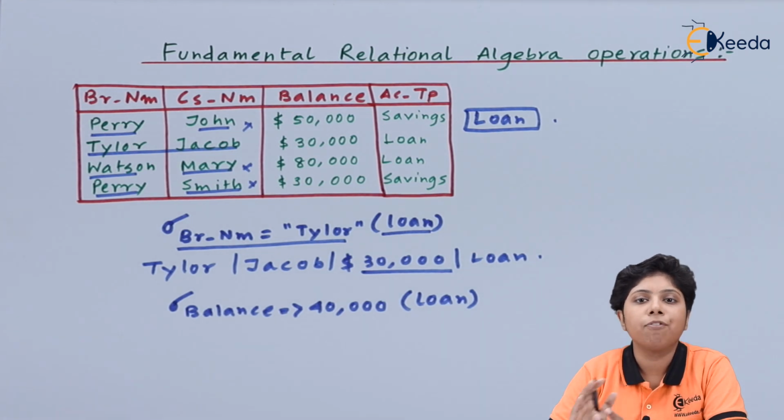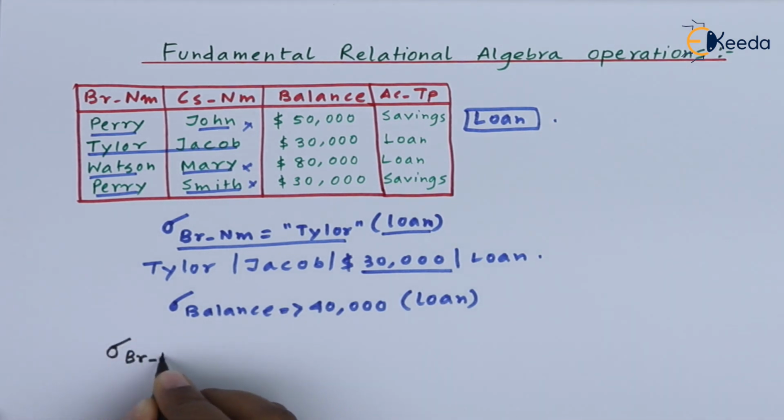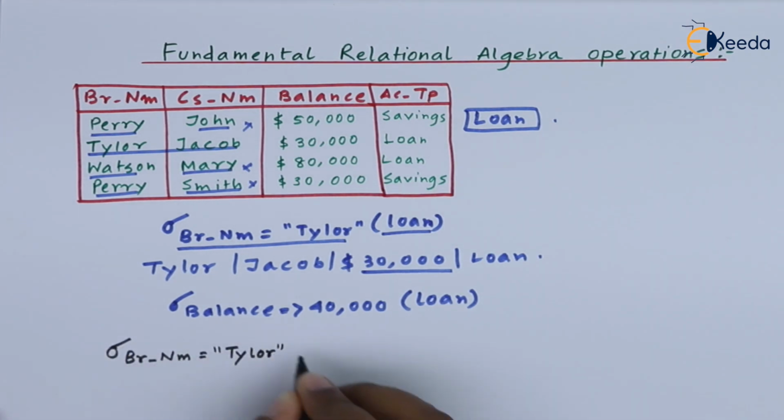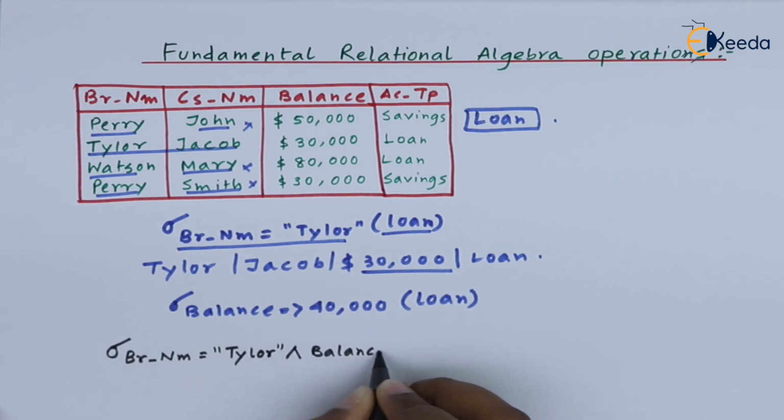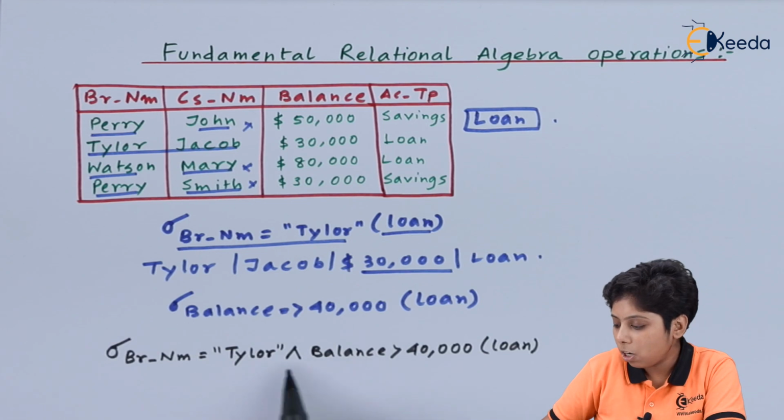Now we may conjoin these two predicates into a single one, and we can do this with an AND operation.